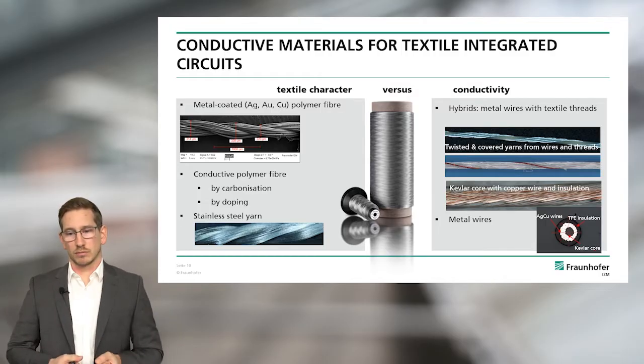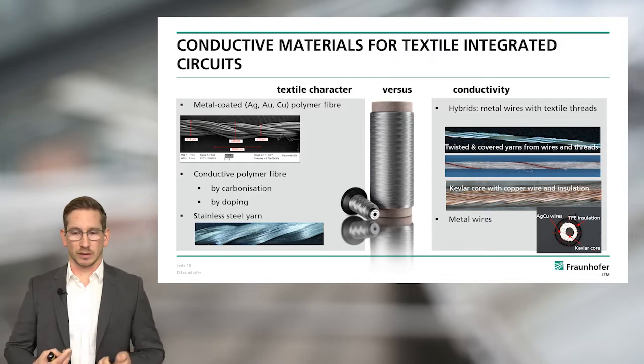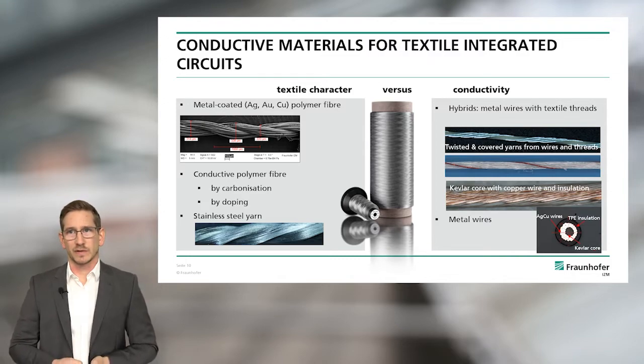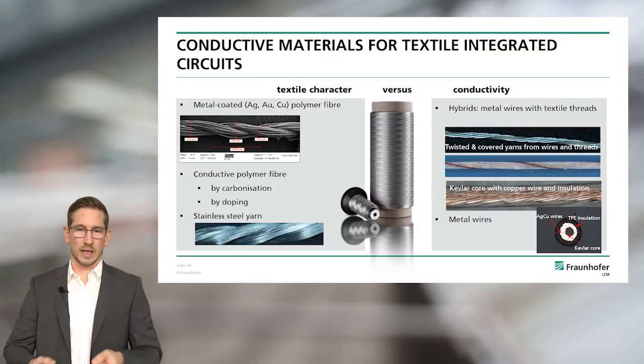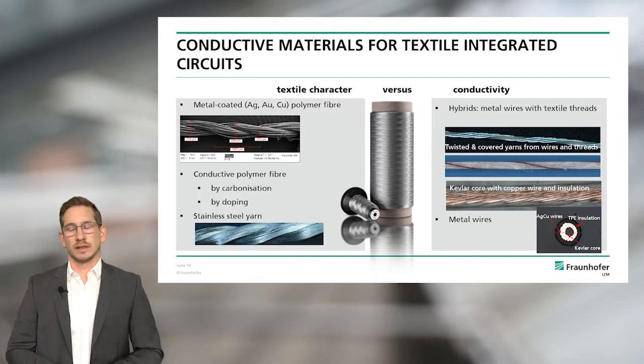This core can be very stable and very rough, for example, an aramid core that can take all the force and keeps the force away from the copper filaments. On the other hand, it can also be an elastic core to create an elastic stretchable textile conductor. And the things on the right side can also be insulated.